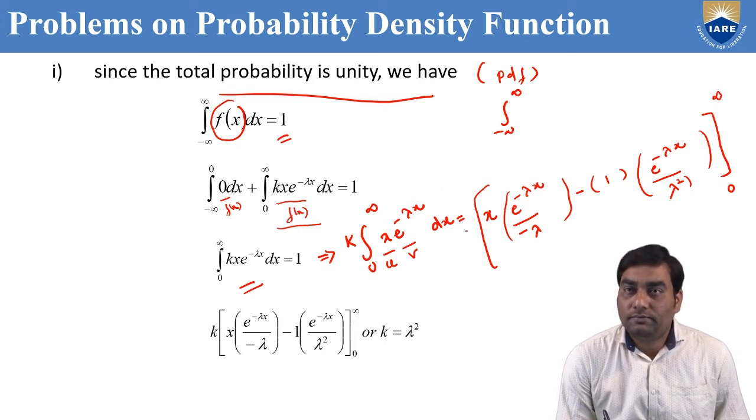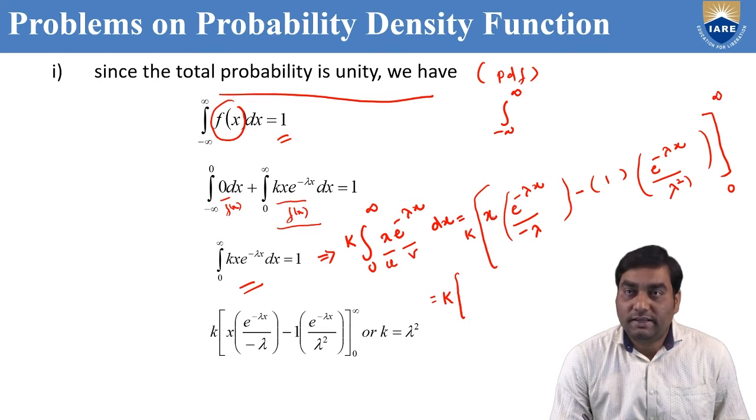Into k. Now k into, we need to apply the upper limit, infinity, in the place of x. Infinity into e power minus infinity is 0; this is 0 and this is 0. The upper limit is 0, overall minus.